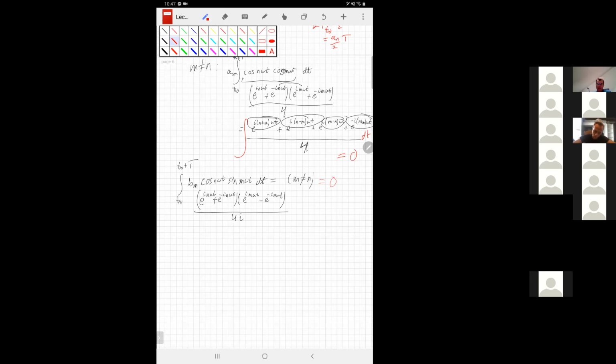So since this is an inner product, does that mean they're all orthogonal to each other? Yep, it means the cosine of n omega t is orthogonal to cosine of m omega t, where m is not n.